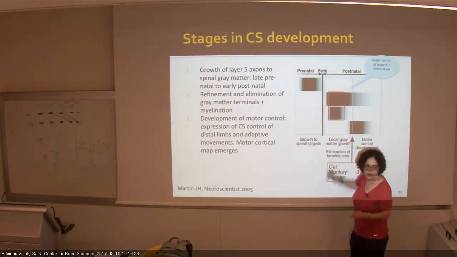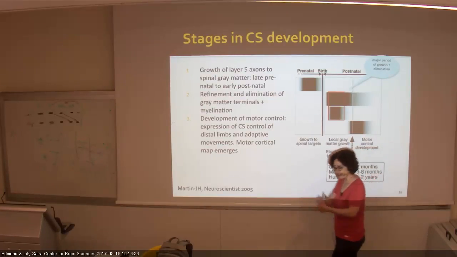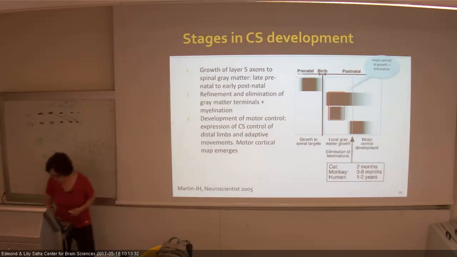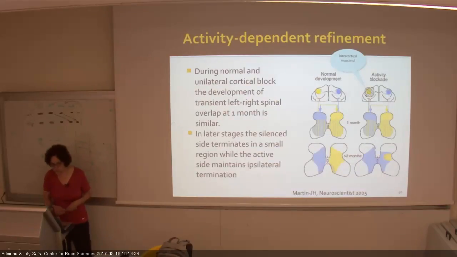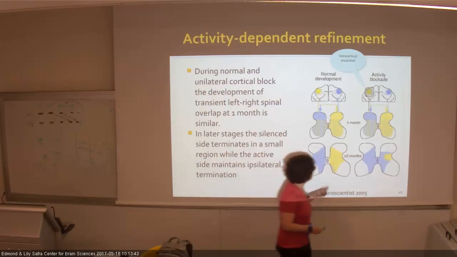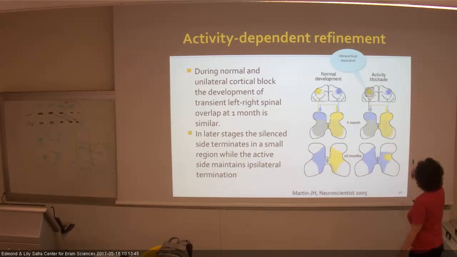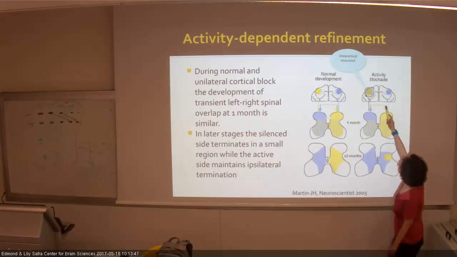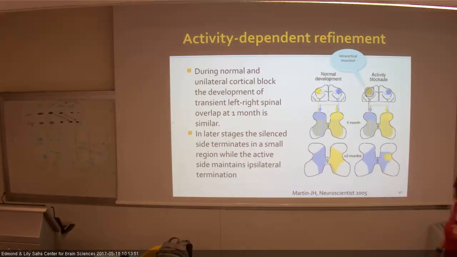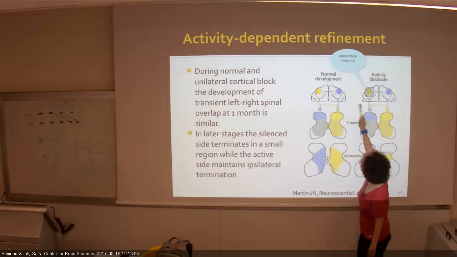But the actual movement and the exposure to movement and to the environment is critical for the proper refinement of these pathways. So you can see in these experiments, again done in cats, that if you block the motor cortex on one side... so this is normal development.